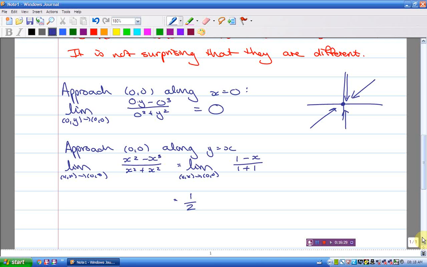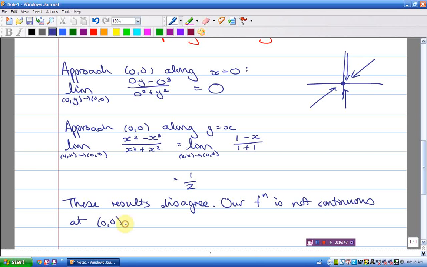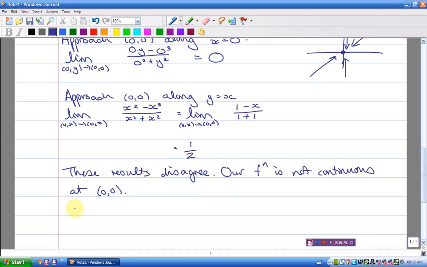Our limits disagree, these results disagree. Our function is not continuous at 0, 0. Continuity is a necessary condition, not sufficient, but necessary for differentiability.